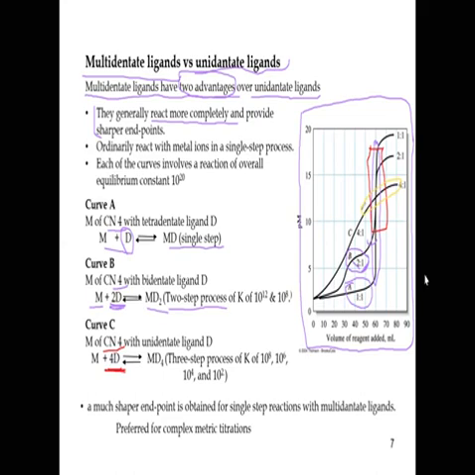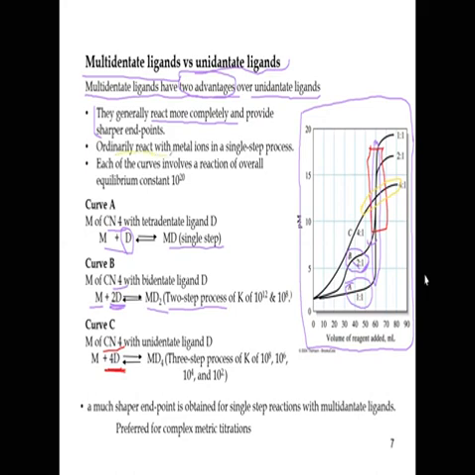It's very hard to find the rapid changing region, right? So that's why we have some advantage when we use multidentate ligands over unidentate ligands: the reaction is more complete, and you get sharper endpoints.